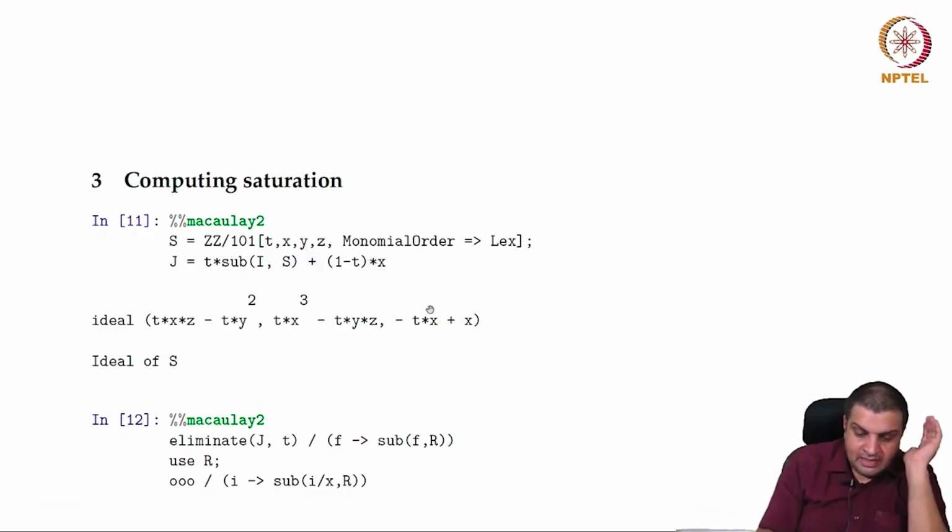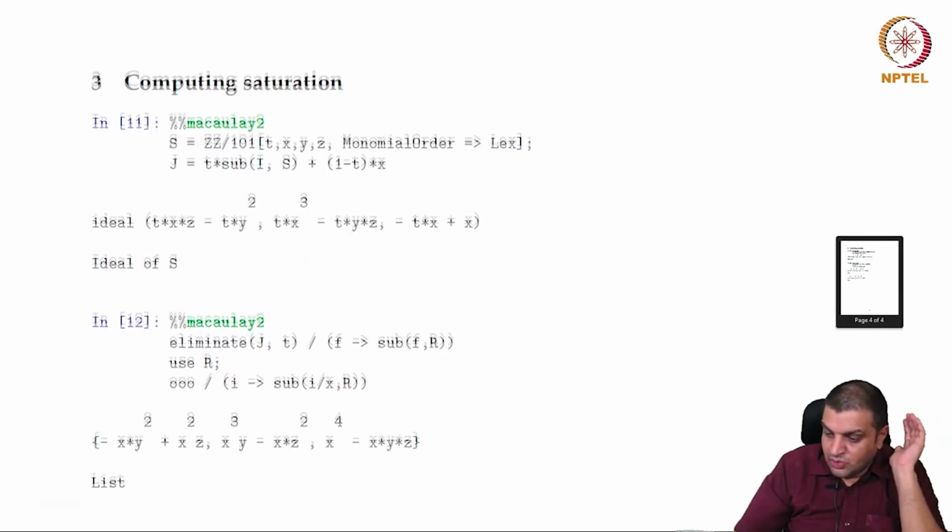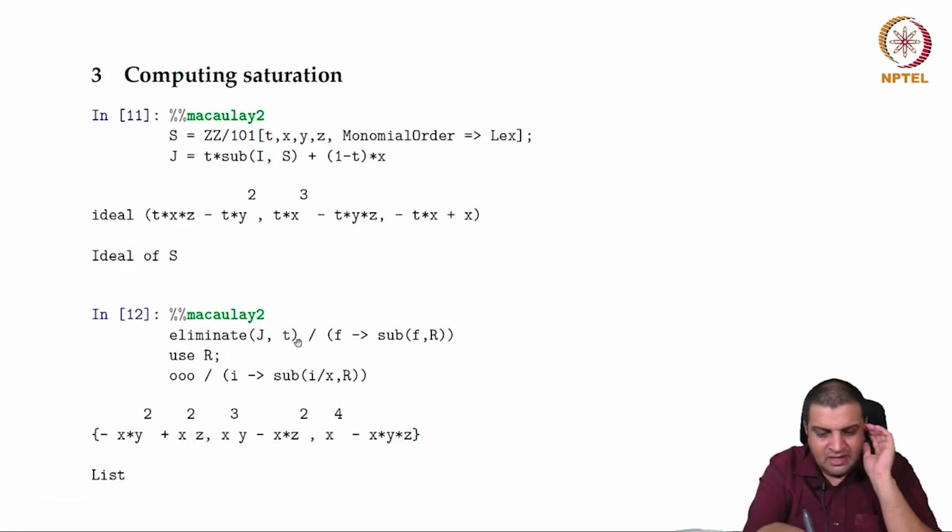Okay, and then we need to eliminate t from this ideal. So we ask to eliminate, and I didn't print it. So what is this? Eliminate j comma t slash f slash some function here. So this is an abbreviation for the apply function. This is the same thing as eliminate j comma t, which will give some list, and now to that list apply this function.